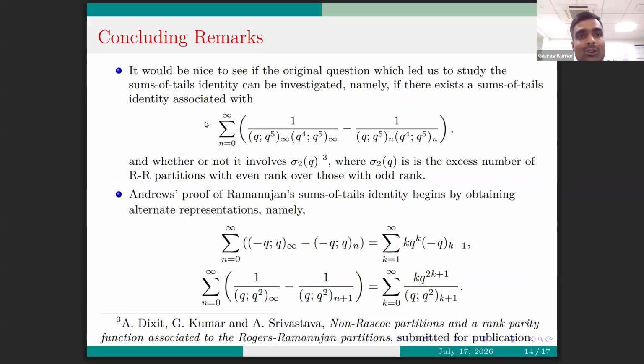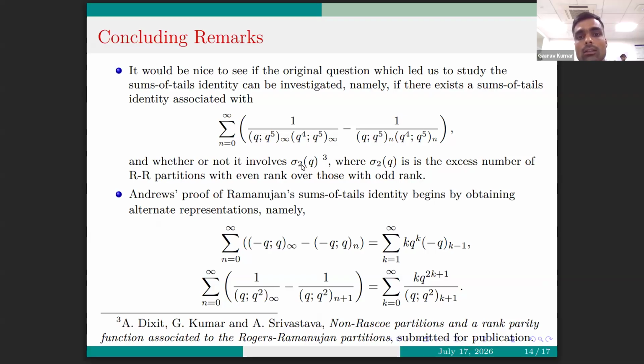So I'll be concluding this talk, and I'll be saying that the original question that led us to the study of sums of tails identity, whether there exists a sums of tails identity for this particular sum, was not answered in the exact manner that we expected. On the right hand side, we were thinking of a sigma 2q type function, which we have defined in a separate work.